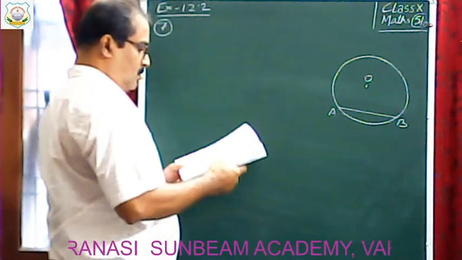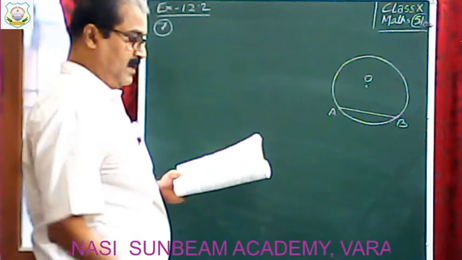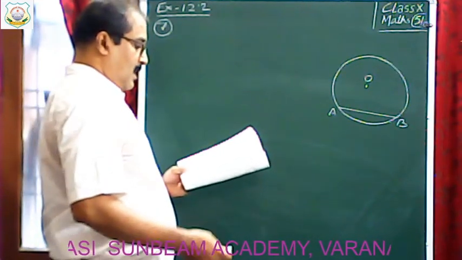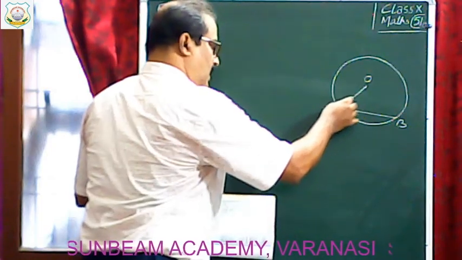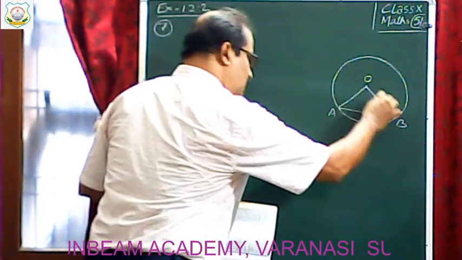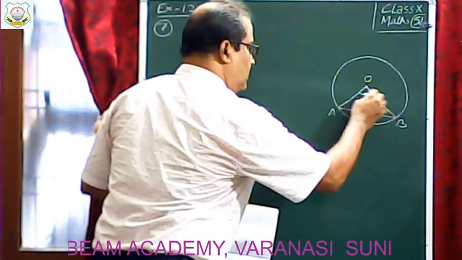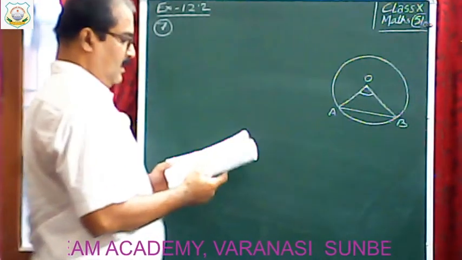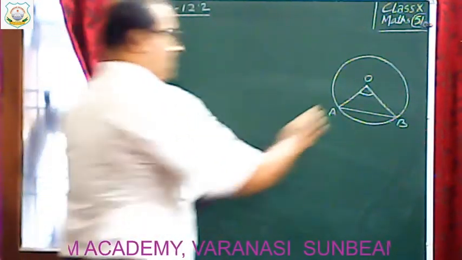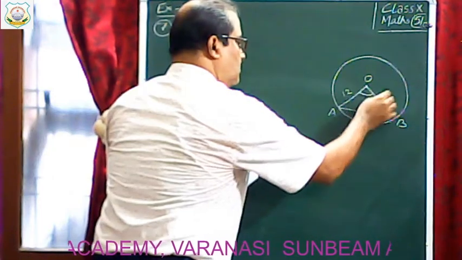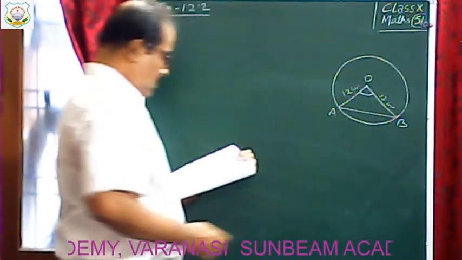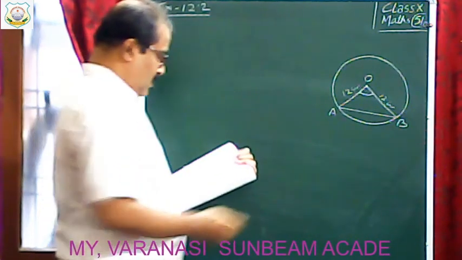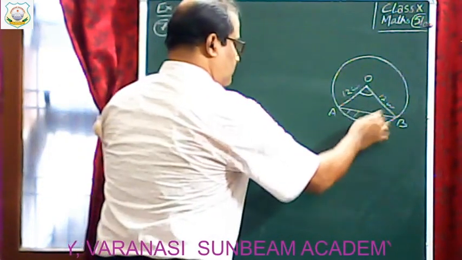An angle subtended by chord at the center is 120 degree. Radius 12 centimeter. You have to find area of the corresponding segment.